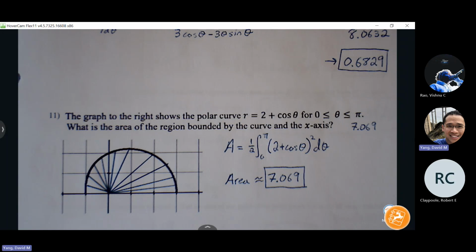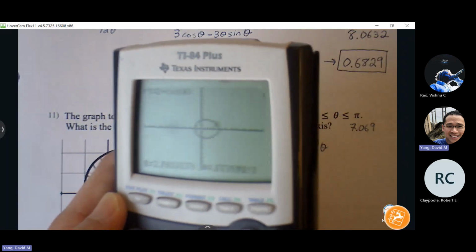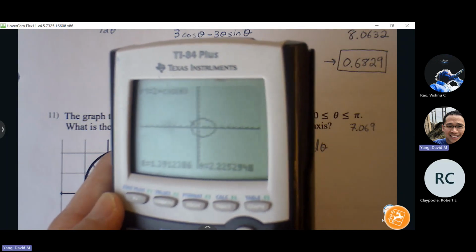Yeah, let me try again. Two plus cosine. Okay, so when I hit trace, move to the right, it should, by the halfway point, it should be.